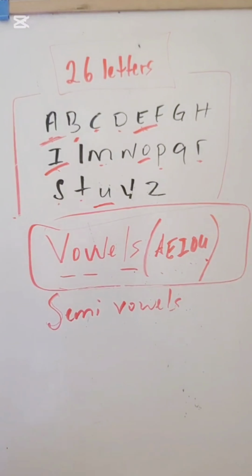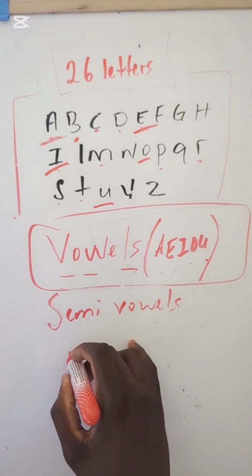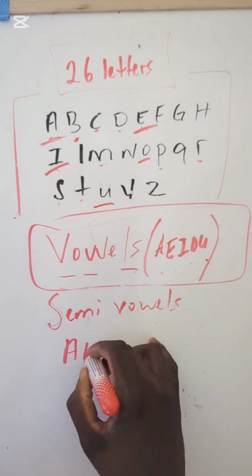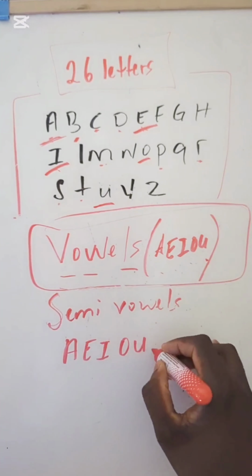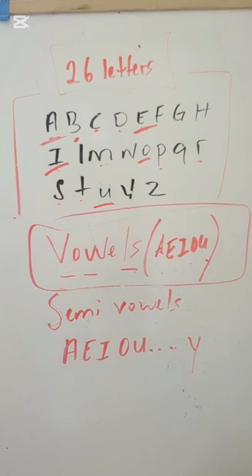And this is why you always hear the saying, the vowels are A, E, I, O, U, and sometimes Y. Because Y actually depends on the borderline. Y is not a vowel by itself. Y is a consonant.